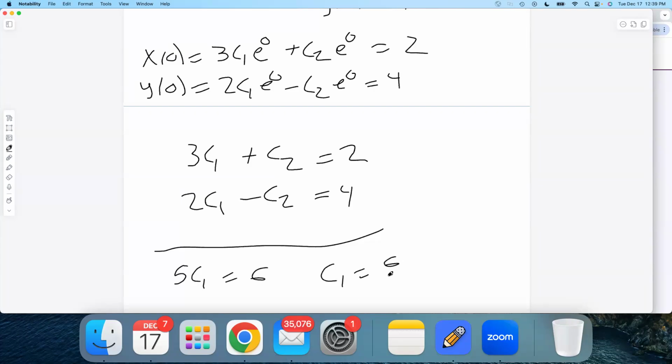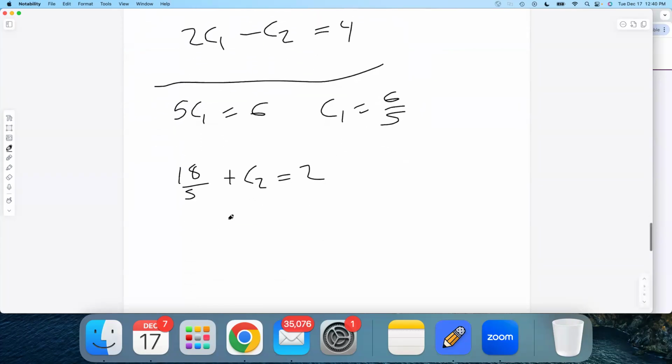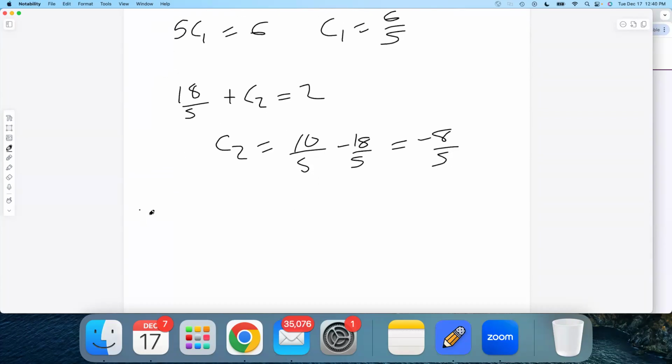So c1 is 6 over 5. And then if we plug that in here, I'll get 18 over 5, multiplied by 3, plus c2 equals 2. So c2 will be 2, which is 10 over 5, minus 18 over 5. So negative 8 fifths.